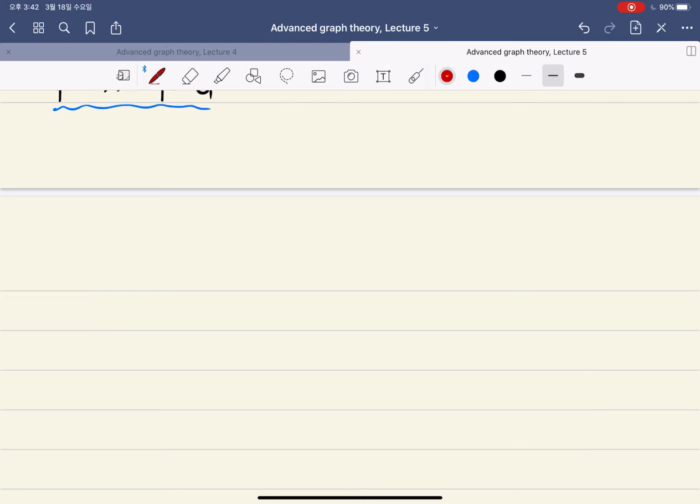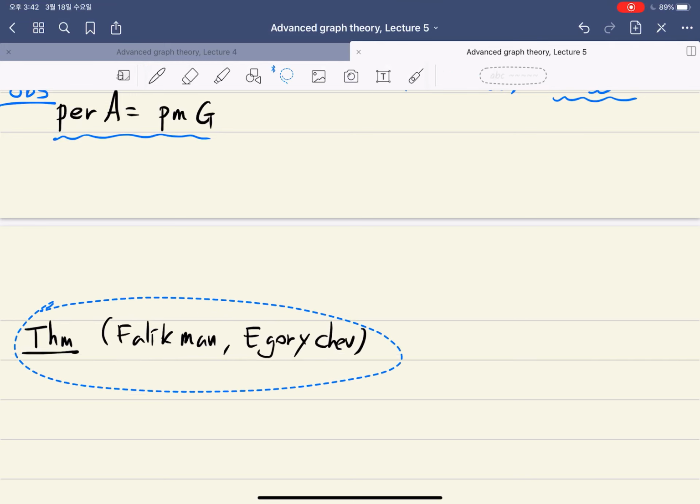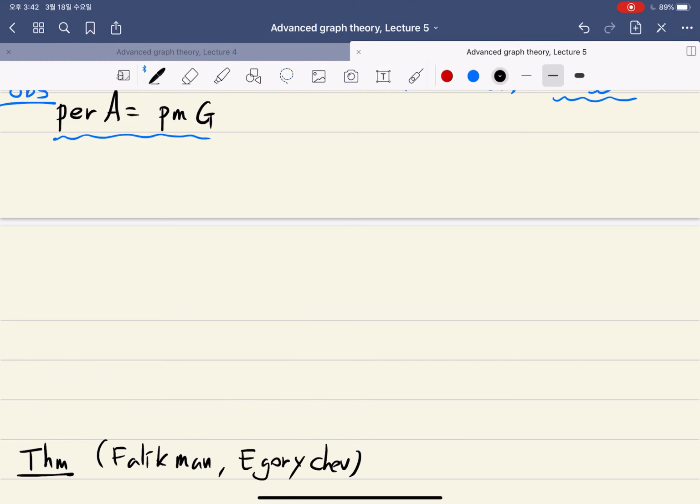Anyway, we can still use this permanent to get some inequalities, some bounds on the number of matchings in given bipartite graphs. So one of the theorems providing bounds on the number of matchings is this. Before actually writing the theorem, let's define something.